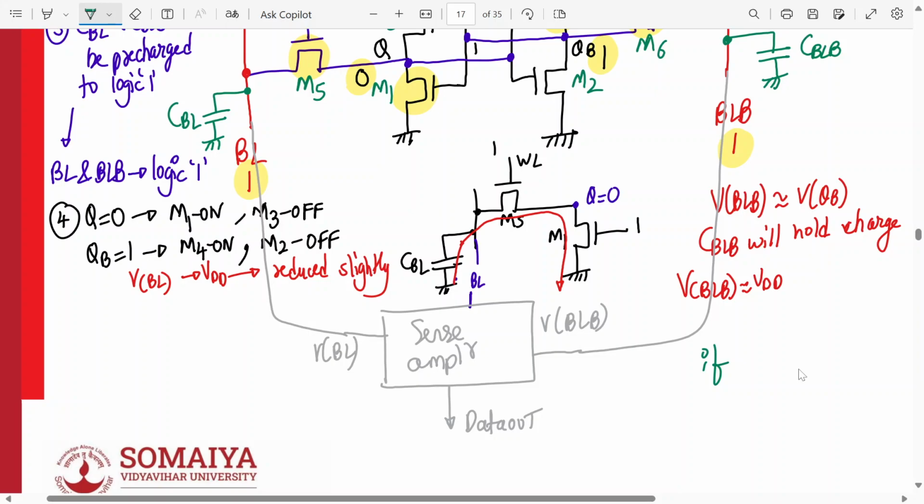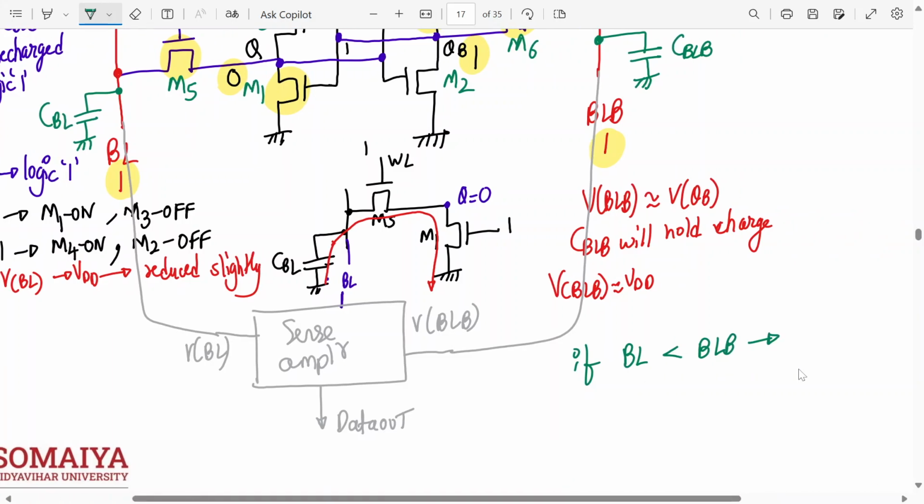Which voltage is higher than the other? Tell me. If the voltage at BL is less than BLB, then it will give the output as logic 0. And if the voltage at BL is greater than BLB, then the data output will be logic 1.